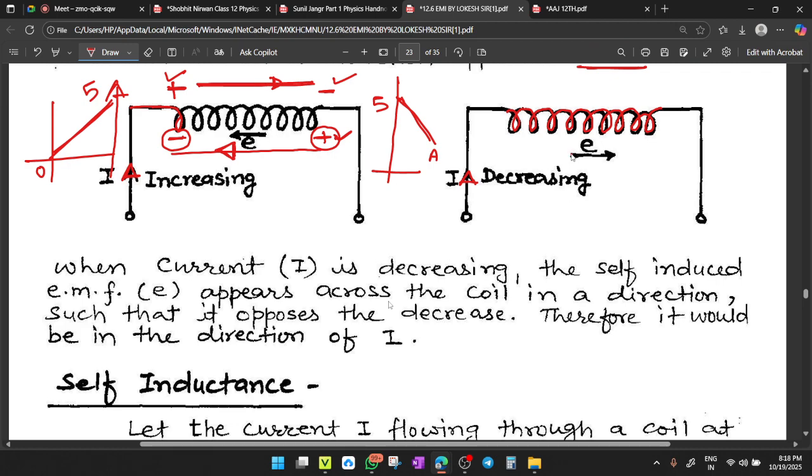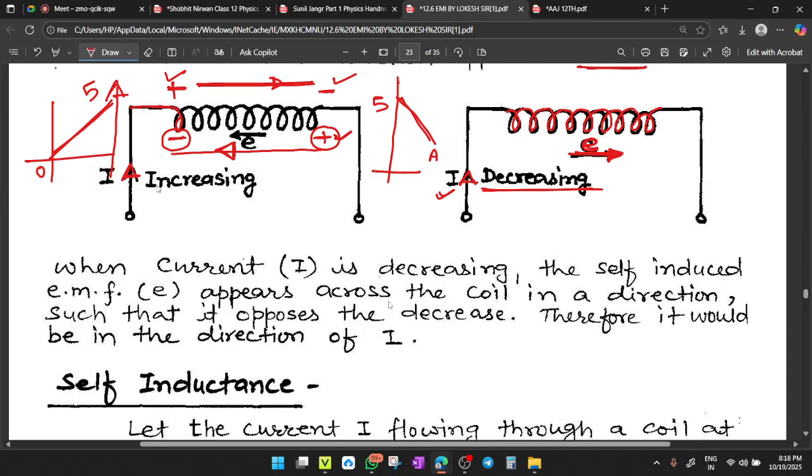So it will be in the same direction. Understood? It will oppose the decreasing of current. So it will give a backup to your current and produce an EMF in the same direction, to support it. Because induced EMF does not like changes.